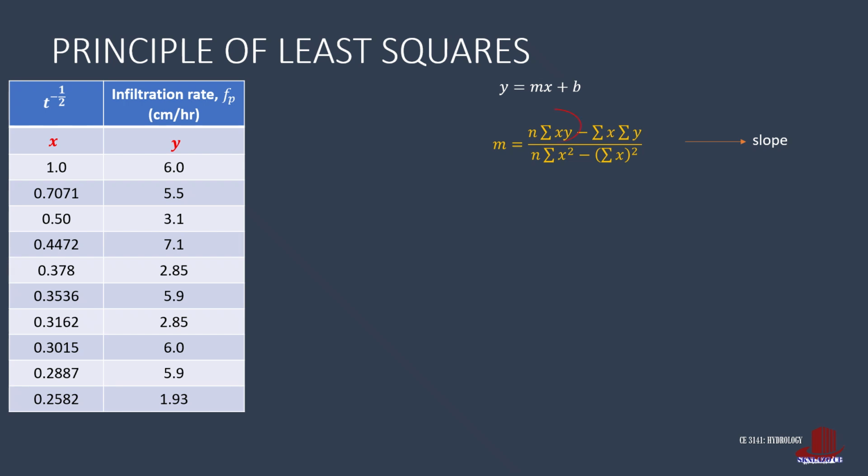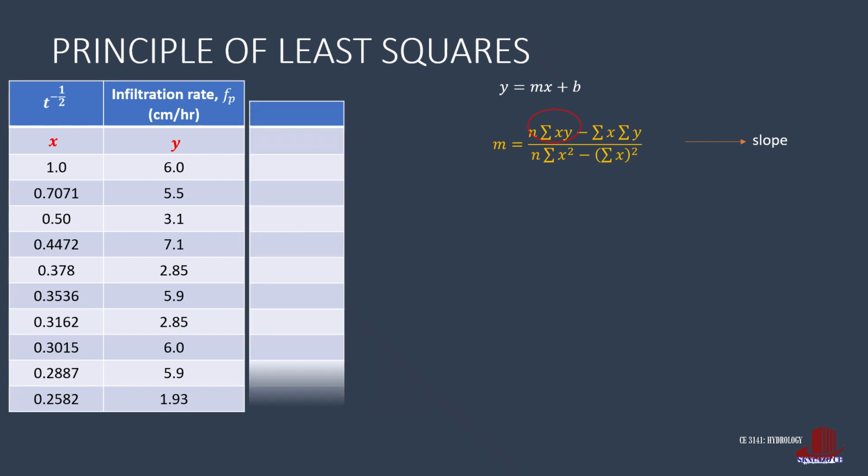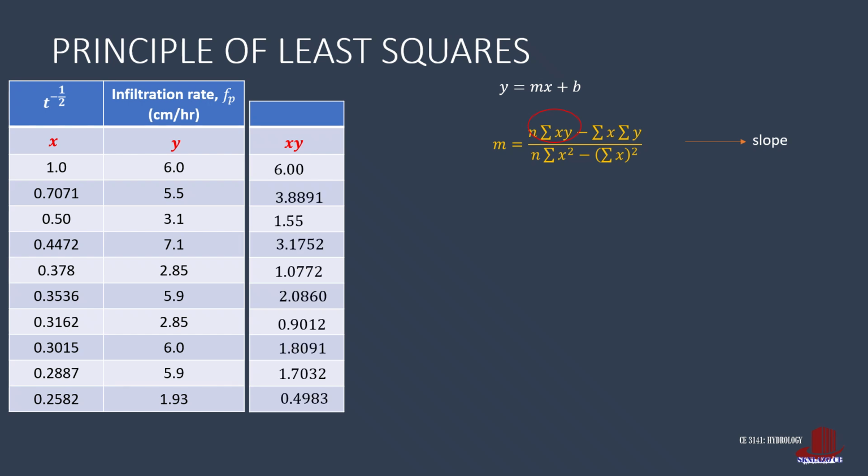However, there is a parameter summation of xy from the function. So we compute for xy by multiplying the two columns. Multiply 1 by 6, which is 6, all the way to the end with 0.2582 times 1.93, giving 0.4983.